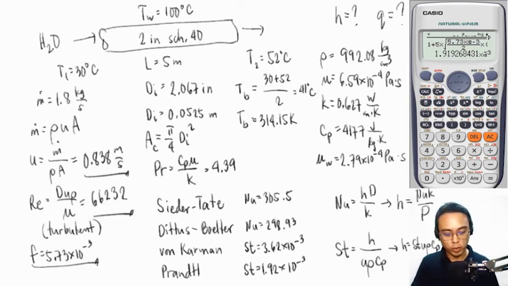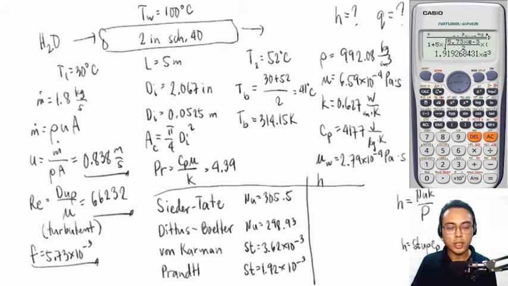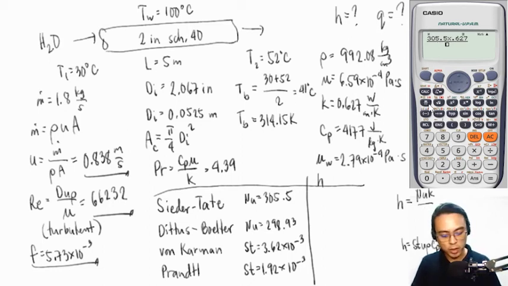Now we can compute for the heat transfer coefficients. Let's start with the Nusselt number from the Sider-Tate's equation. Our heat transfer coefficient is 305.5 times thermal conductivity 0.627 divided by the diameter of the pipe, which is 0.0525. Our first heat transfer coefficient is 3648.54.